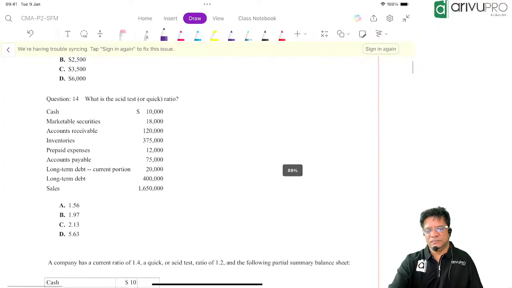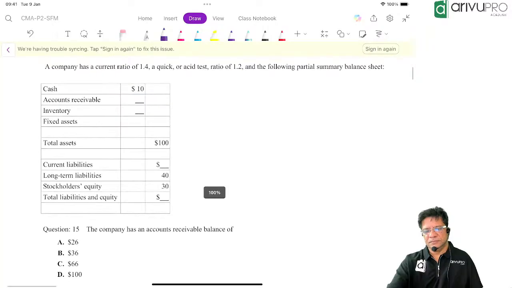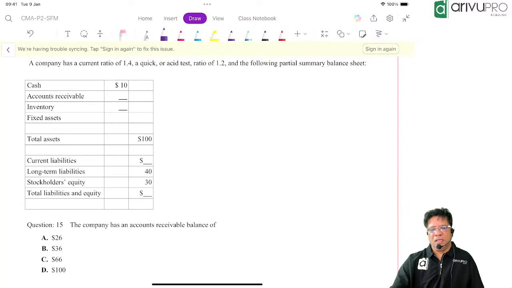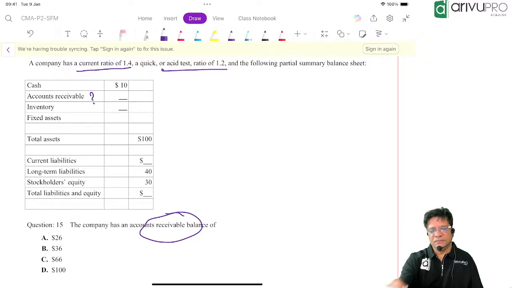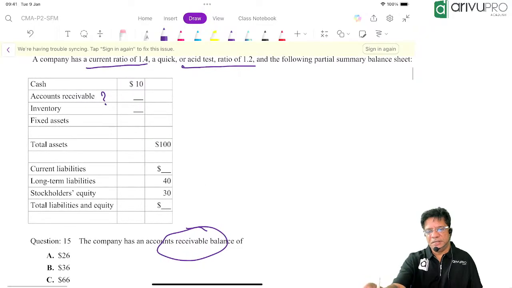Now, here. Company has a current ratio of 1.4, quick ratio of 1.2. How much is account receivable balance? Fill in the blanks. Okay, I'm writing here.